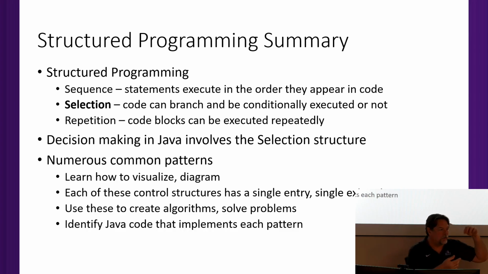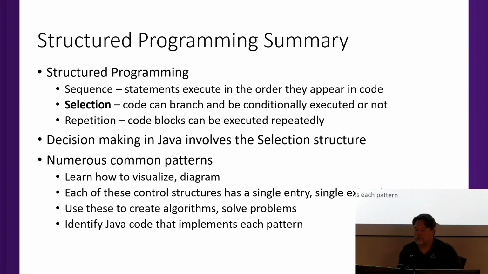And sequence just means we're going to execute them in the order that they appear from top to bottom. But if you take a group of those boxes all strung together top to bottom, there's an entry point into the first one at the top, and there's an exit point out of the last one at the bottom. So one point of entry, one point of exit, even though there are many of these boxes strung together.